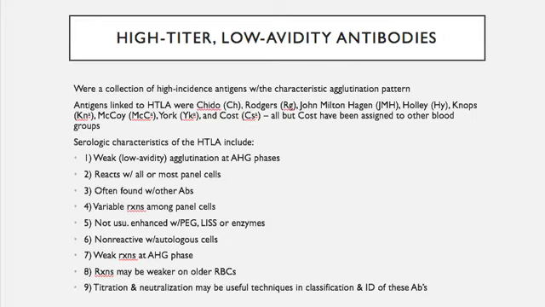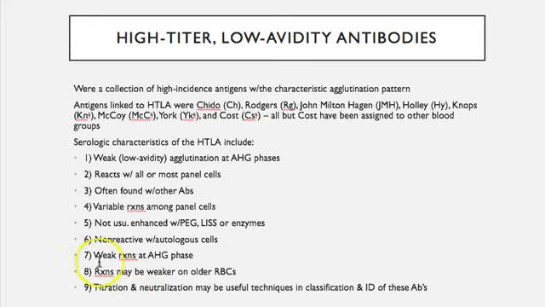A lot of times these antibodies are going to be found in conjunction with other antibodies. You might see variable reactions in your panel cells. They're not usually enhanced with PEG, LISS or enzymes, and non-reactive with autologous cells. Reactions could be weaker on older red cells.